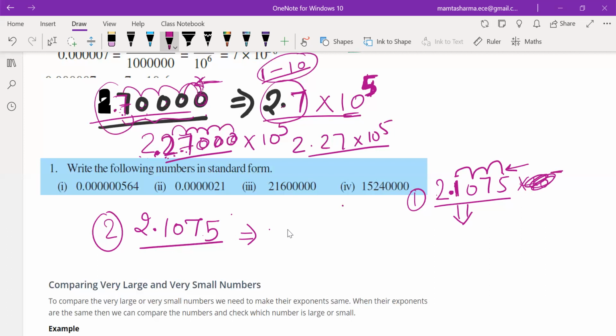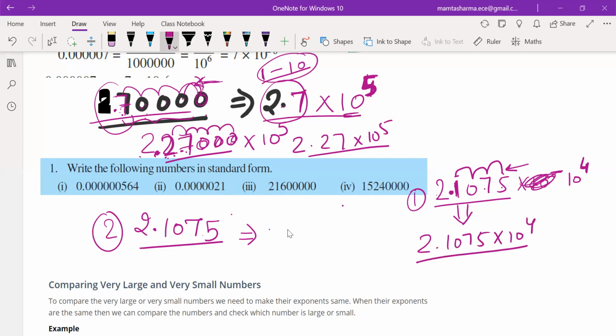How many digits are there up to the second last digit? 1, 2, 3, 4. And add that much exponent in 10. Okay, clear? 2.1075 into 10 raised to power 4.